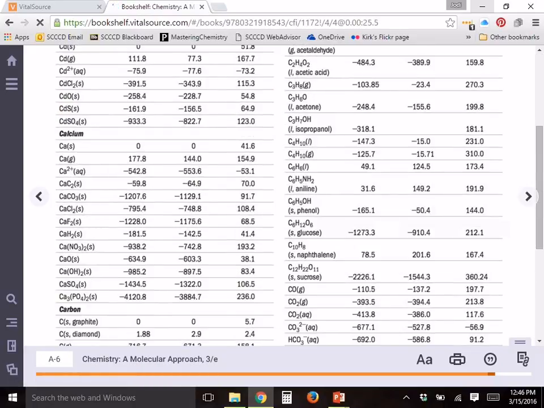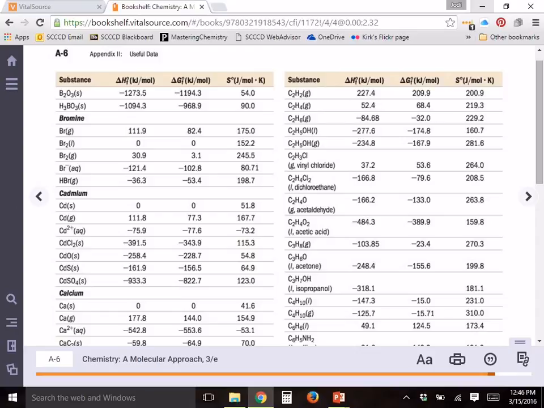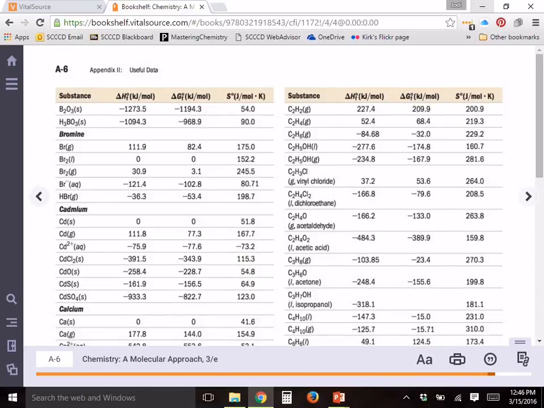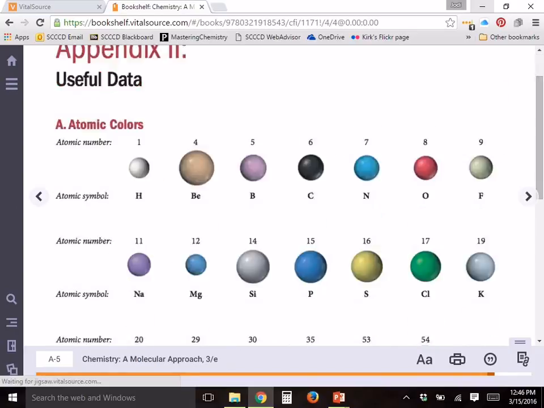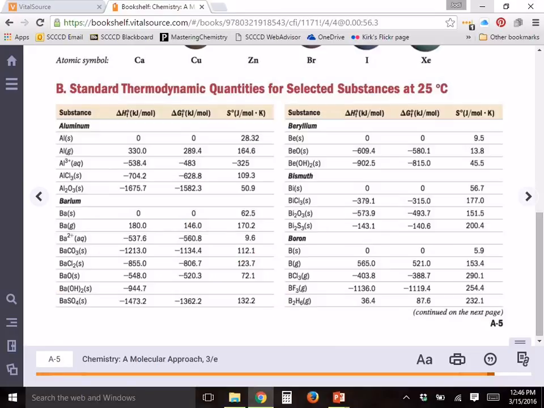So here's aluminum, Al2O3, heat of formation for that minus 1675.7. So that's information we have to go look up.